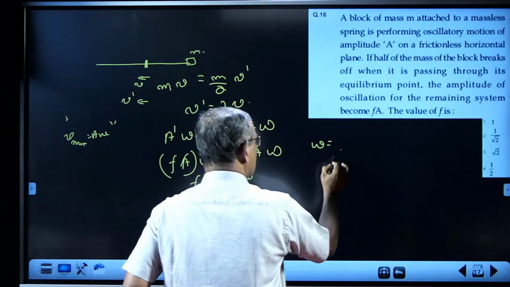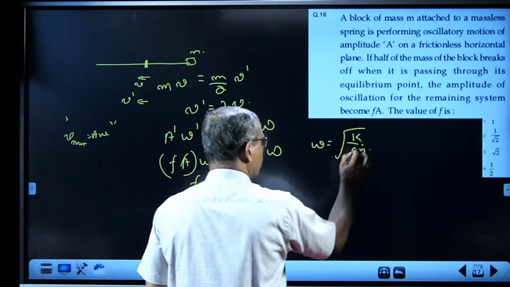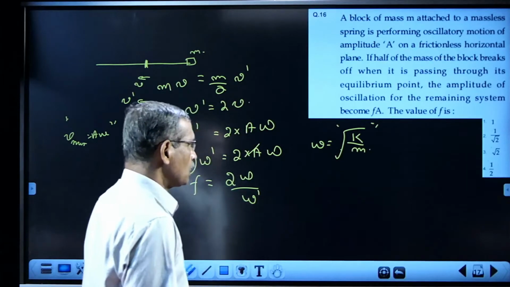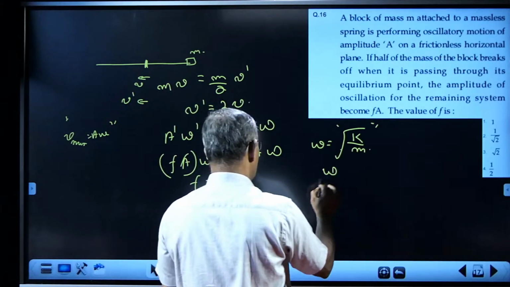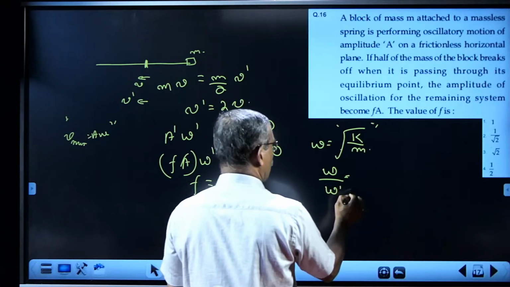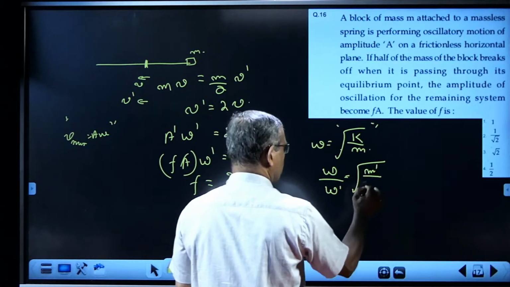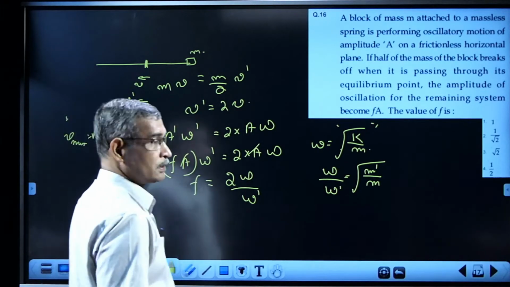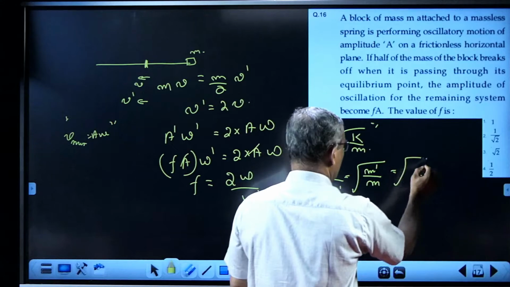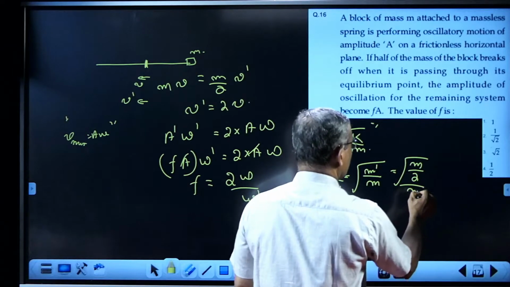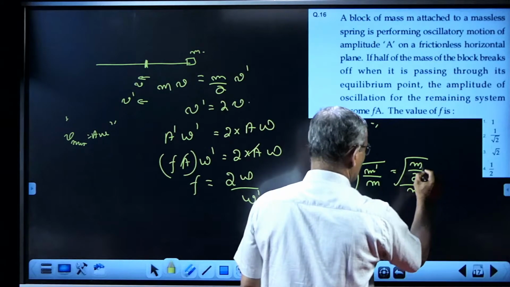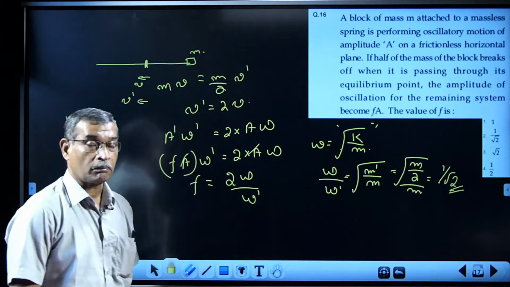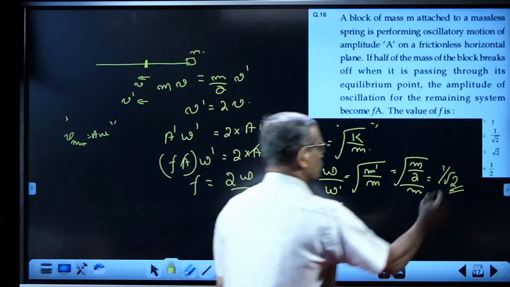Therefore, omega by omega dash is equal to root of m dash by m, which is root of (m by 2) by m. This will cancel out to 1 by root 2, and therefore the option is that.